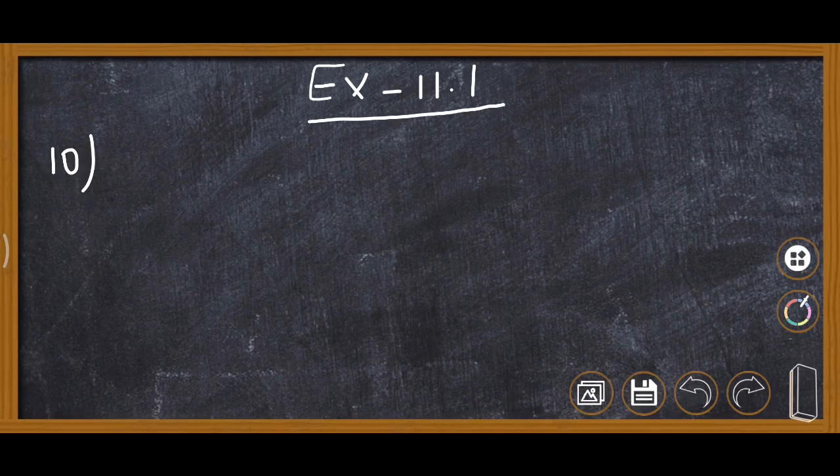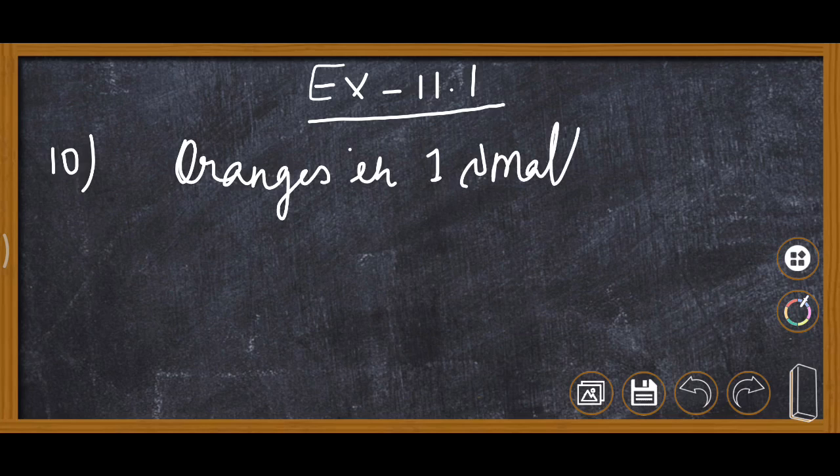Question number 10. It is given that oranges are to be transferred from larger to smaller, and the large box is emptied. They are filled into two smaller boxes. Still 10 oranges remain outside. First of all we will write: oranges in one small box is equal to x.